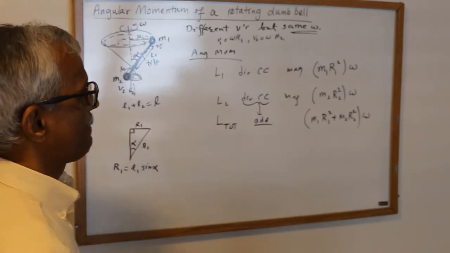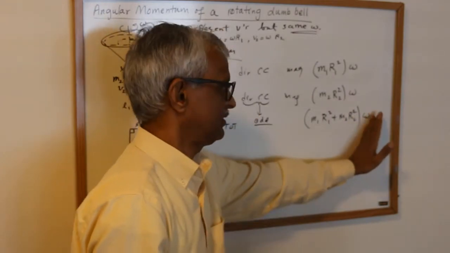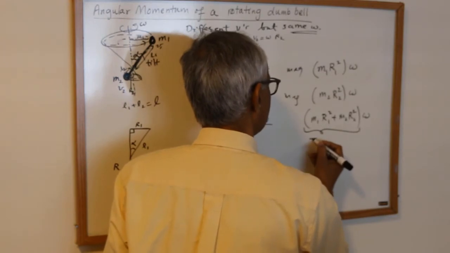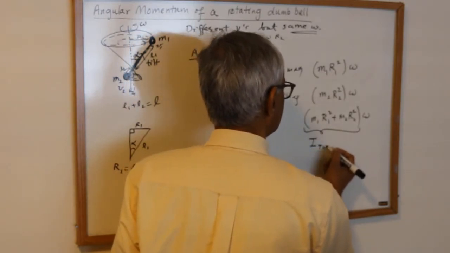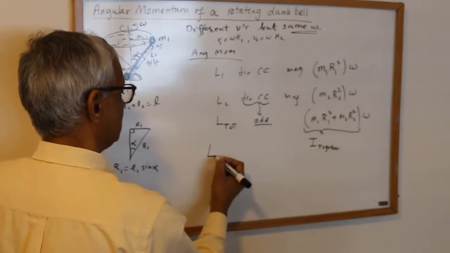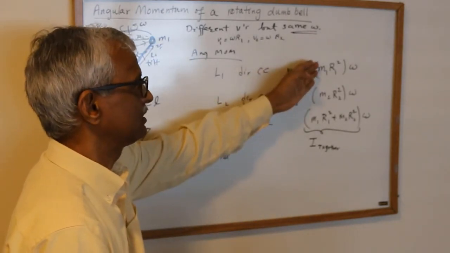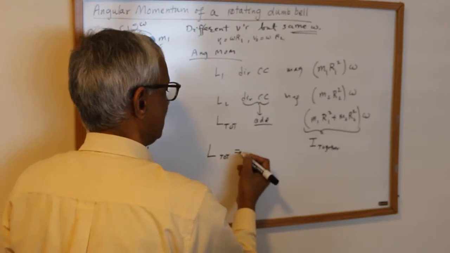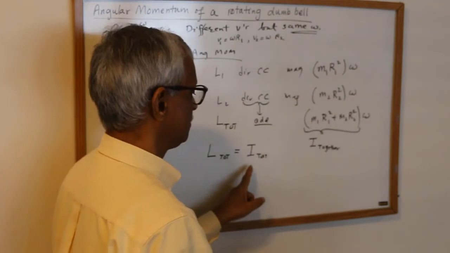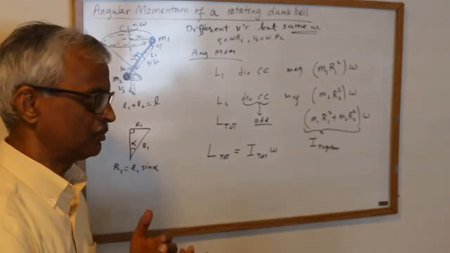Do you see that? Because they're the same omega, it factors out, and so I get a new moment of inertia. This is the moment of inertia together. So L total turns out to have the same type of formula as L for the individual particles, I total times omega. Now I have to add up the moment of inertia of each one to get the total, but I just have to multiply by omega, because the omega is the same for both of them.